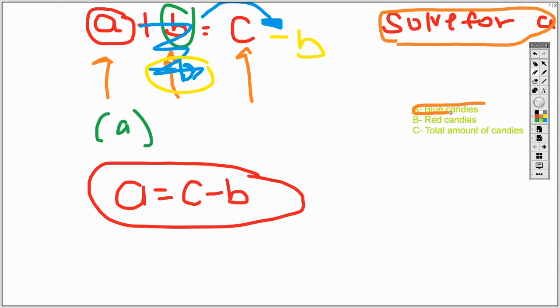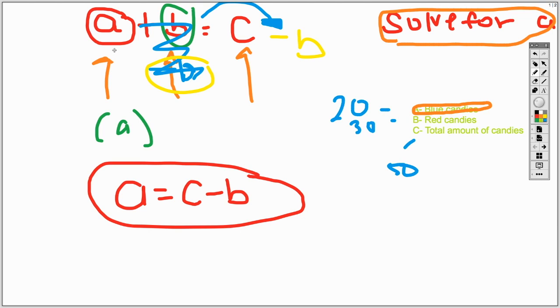That's the equation that you would use for the number of blue candies, or to solve for A, because we said A equals blue candies. A way to double check if your literal equation is right is to give random values to it. We could say A was 20 blue candies, then we had 30 red candies, and then C would automatically be 50.